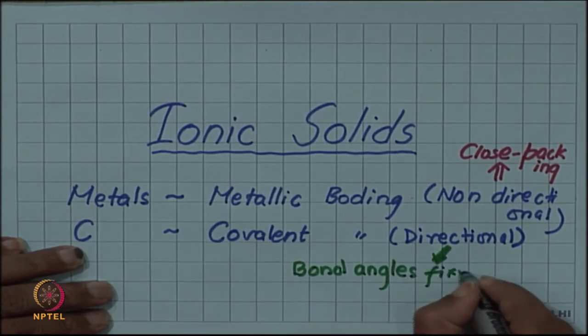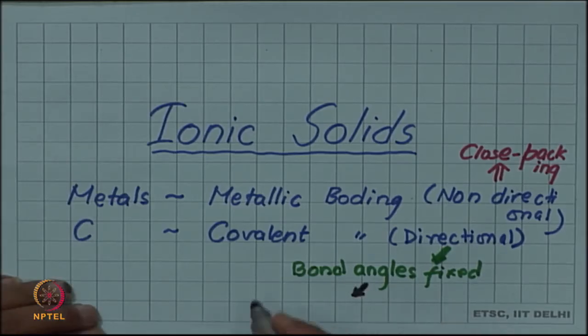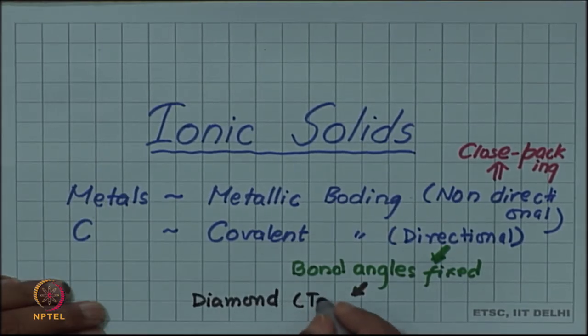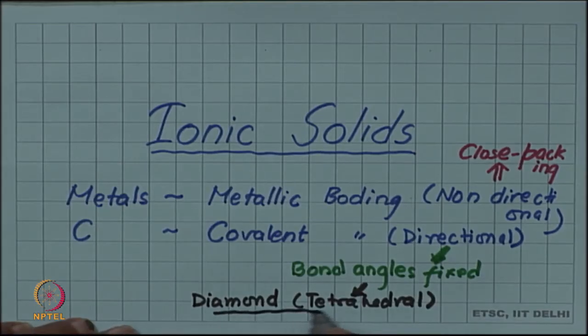bond angles fixed. For example, in diamond it was tetrahedral bonding, which means around one carbon you can place only 4 other carbons, whereas close packing would have allowed 12 atoms around a given atom, but diamond demands only 4 around itself because it will not accept anything other than tetrahedral bonding.